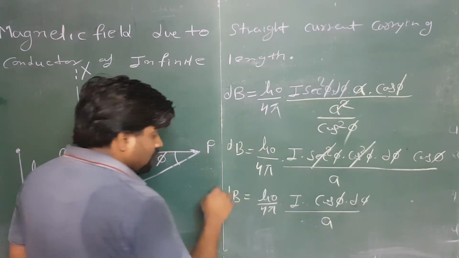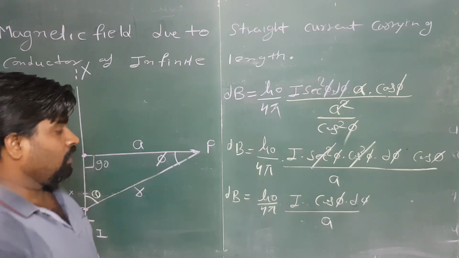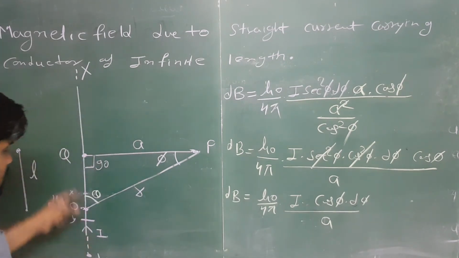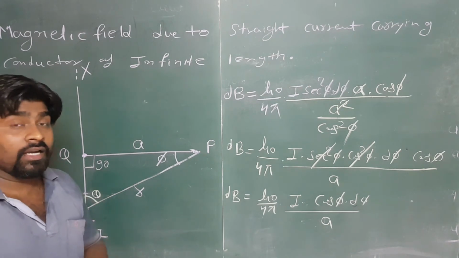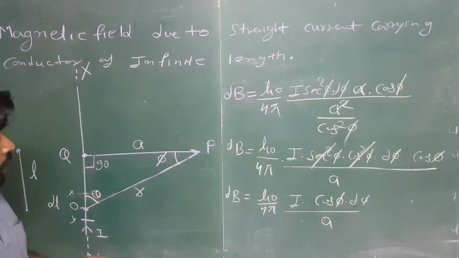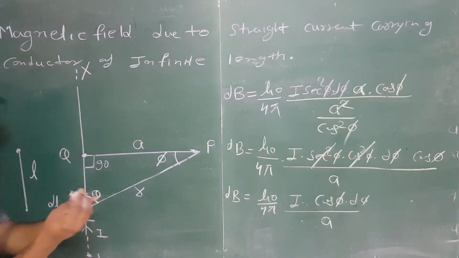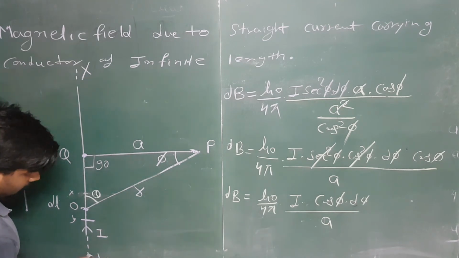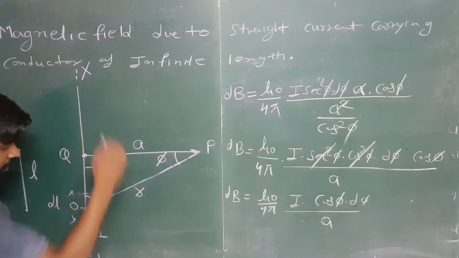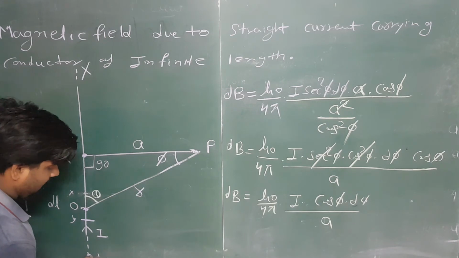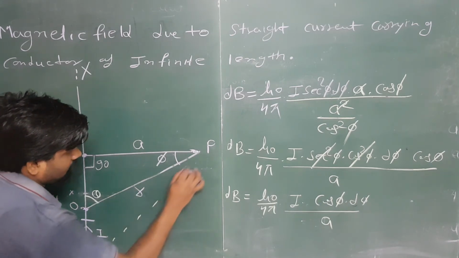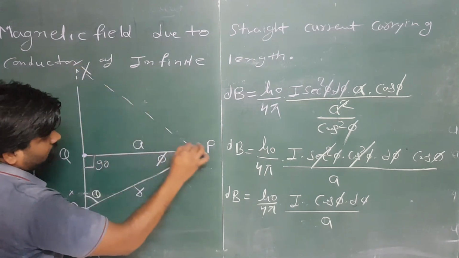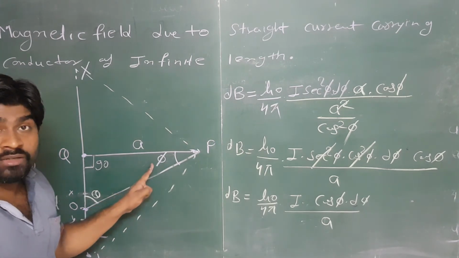Yes. So this is the formula for the magnetic field due to this straight current carrying conductor, but it is only for the small element. And let's suppose, as I told you earlier, the length of the wire is infinite. So the angle made from this end can be different from phi.